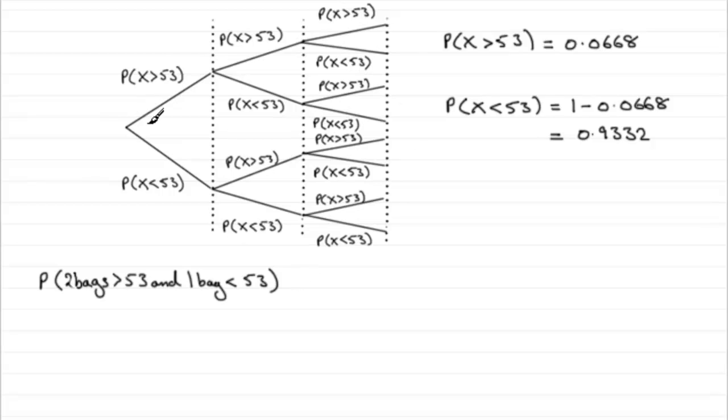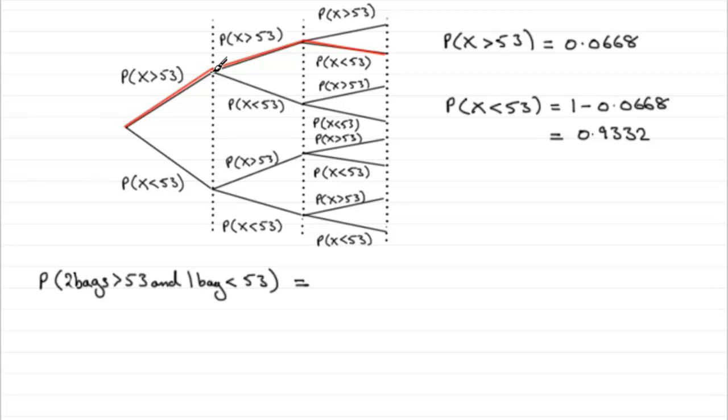Well, from the tree diagram here, we can see that to get, say, 2 bags that are more than 53 and 1 that's less than 53, you could take this route, for instance. First bag's more than 53, second bag's more than 53, and the third bag is less than 53. And if you were to work that out, this would equal this one times this one times this one.